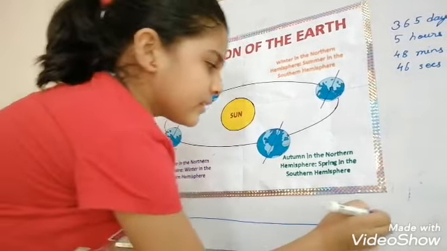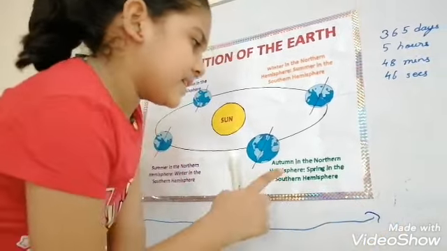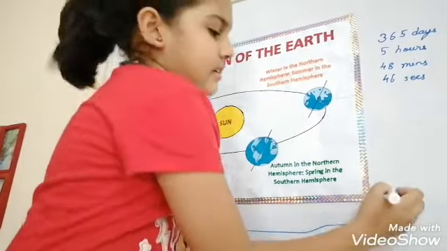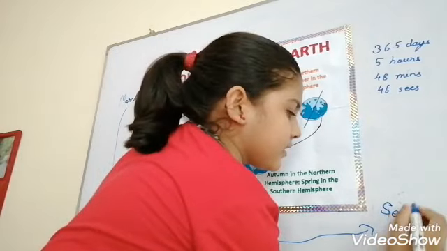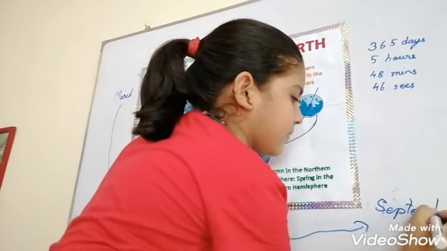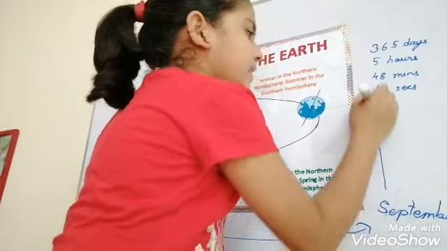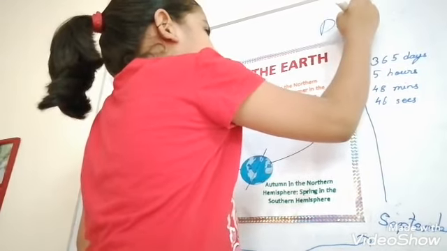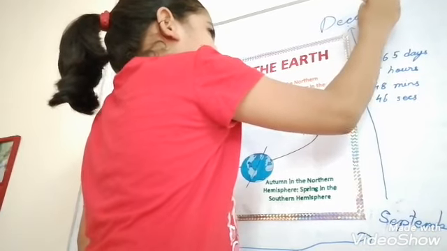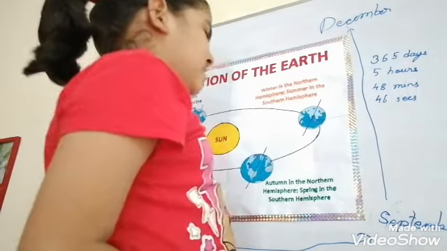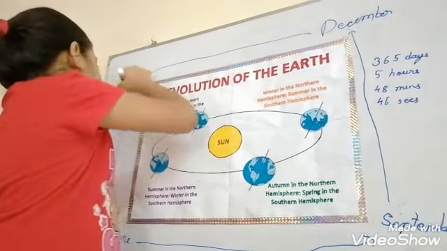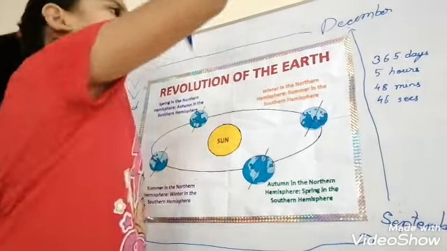And then when it is autumn in the northern hemisphere and spring in the southern hemisphere, it is September. And then it goes to the month December, when it is winter in the northern hemisphere and summer in the southern hemisphere. And then again it will go from March to December.